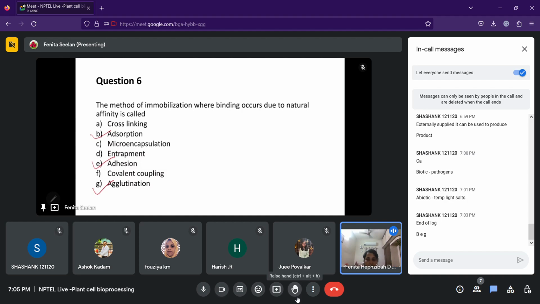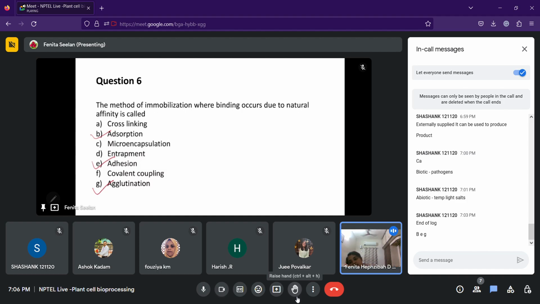So what do you mean by adhesion? The attachment between, it is a general way of sticking to each other. Naturally, a compound is sticky in nature, which means anything which goes nearby will get stuck to it. So that also comes under natural affinity, right? So why did the answer agglutination come?